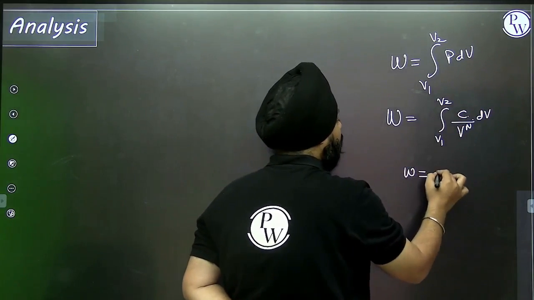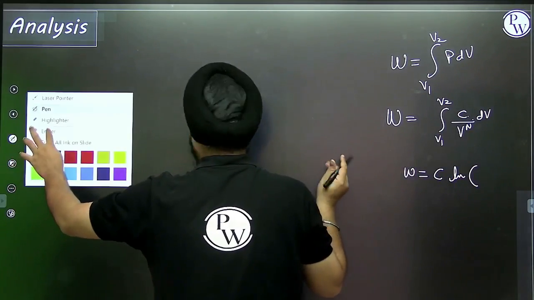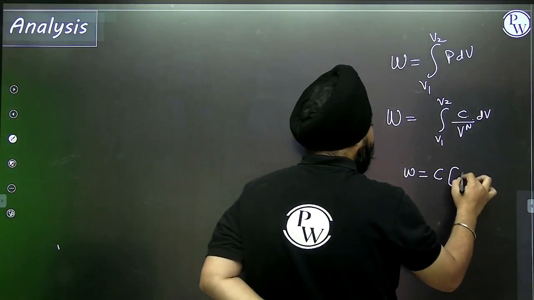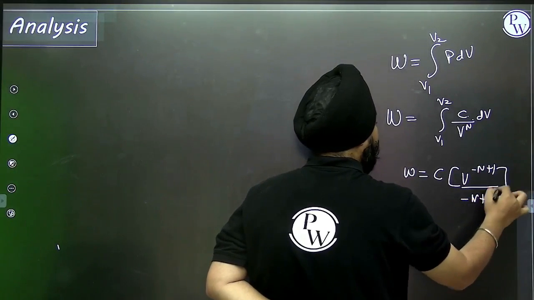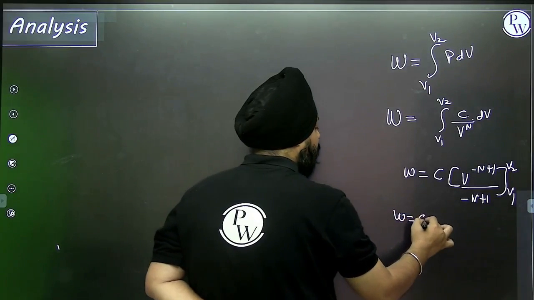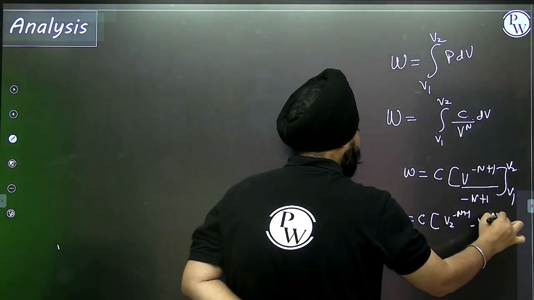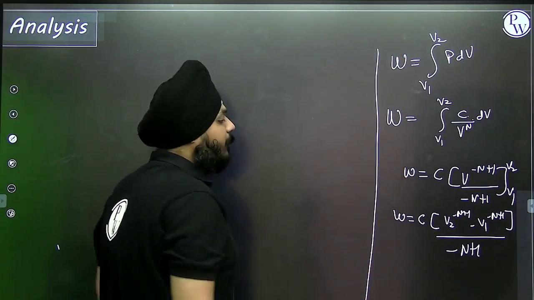So this work done will be C, not ln, I'm sorry, it is C times V to the power minus N plus 1, whole divided by minus N plus 1, limiting from V1 to V2. Similarly, work done is equal to C times V2 to the power minus N plus 1 minus V1 to the power minus N plus 1, whole divided by minus N plus 1.